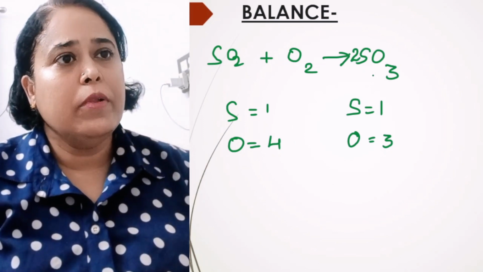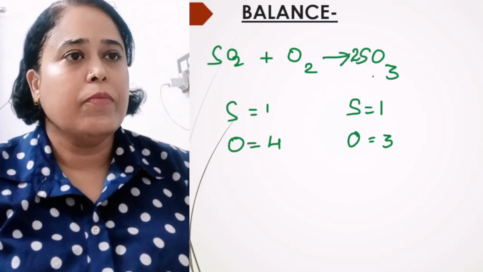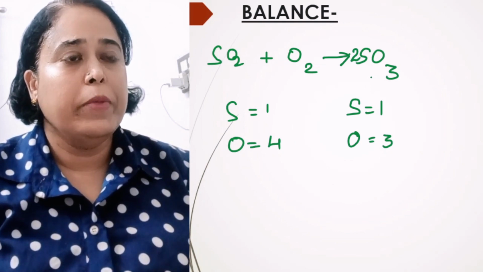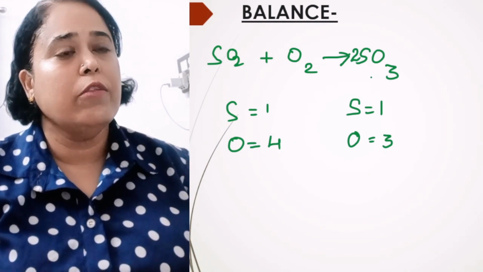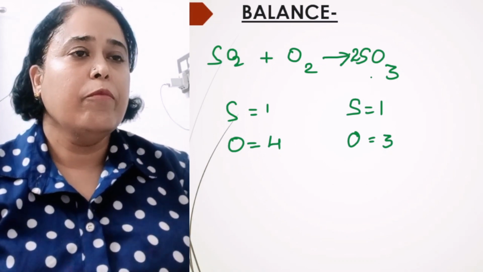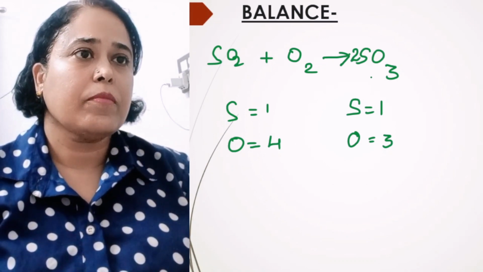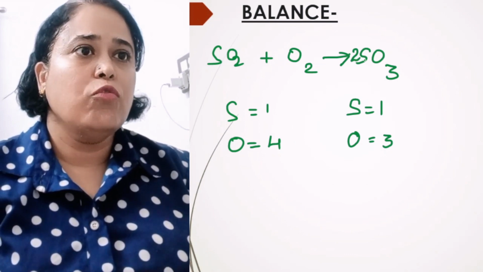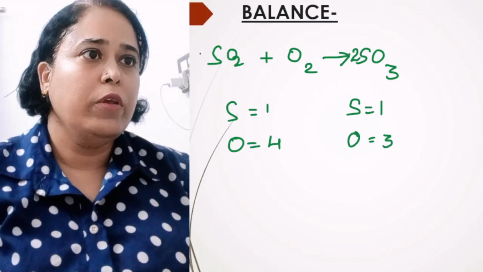I have taken very simple chemical equations. In a later video, I'll be coming up with difficult chemical equations for balancing. Now let's try to balance this. 2 sulfur, so make it 2 here.